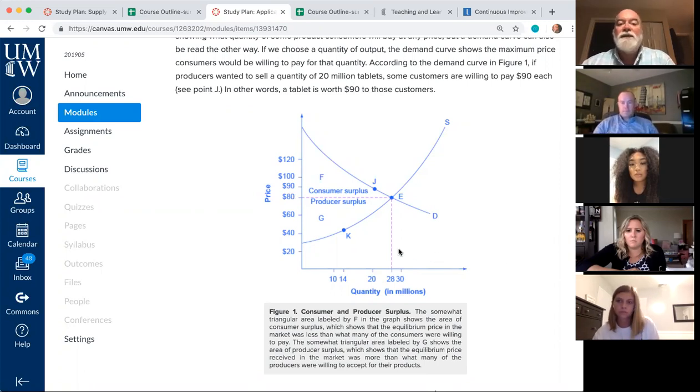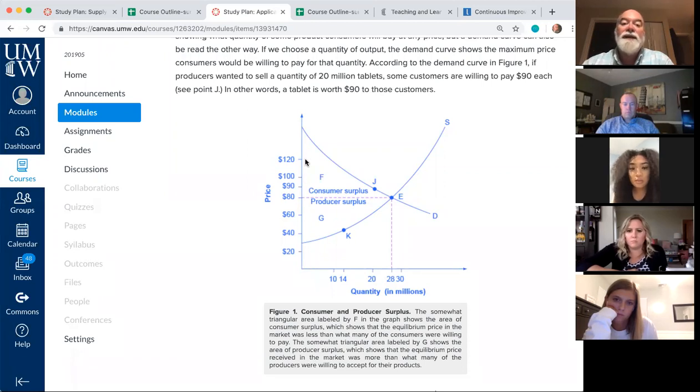So think about the very first unit of output, quantity equals 1. You see where I am down here at Q equals 1 in the graph? Somebody thinks that unit of output is worth a lot. How much?